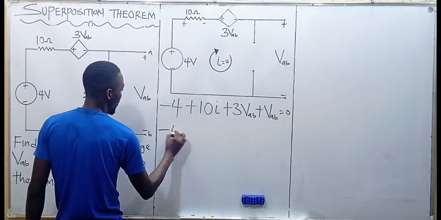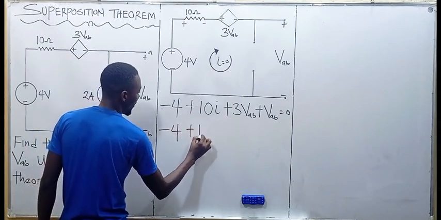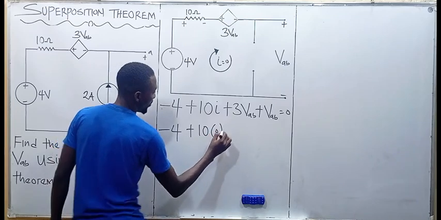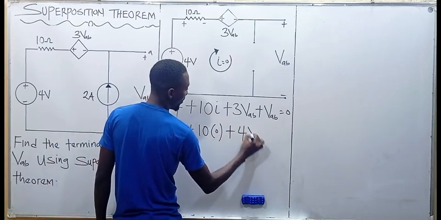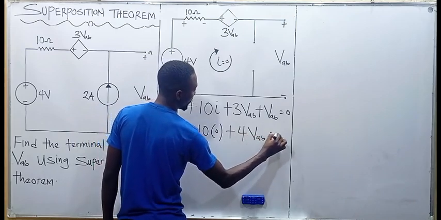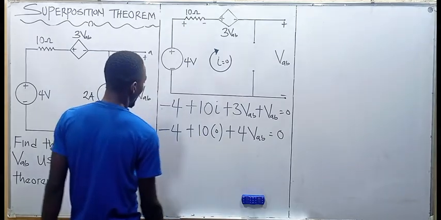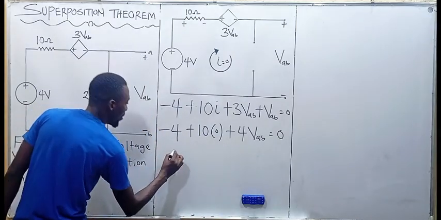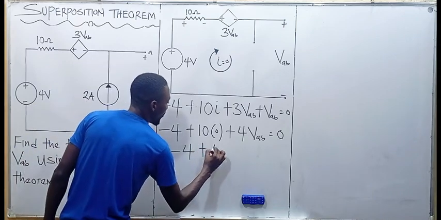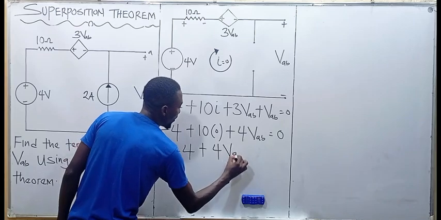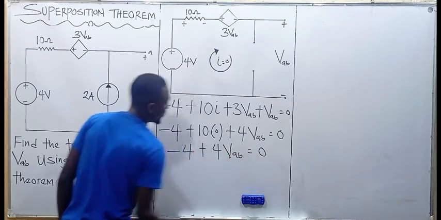Don't forget that our I is equal to 0, so we have -4 plus 10 into 0, plus 3 VAB plus VAB, which gives us 4 VAB. Everything equals 0. So -4 plus 4 VAB equals 0.